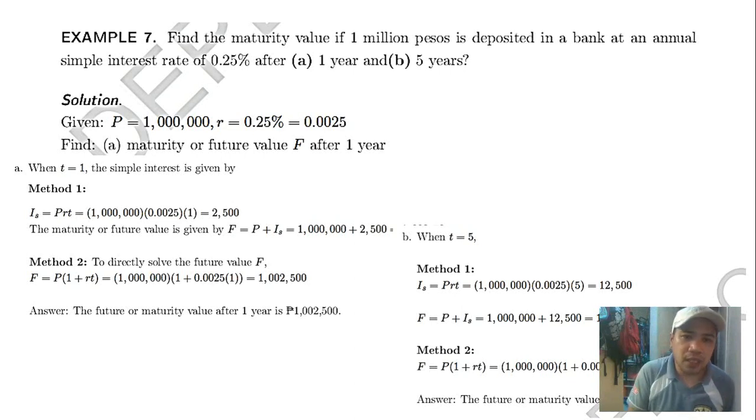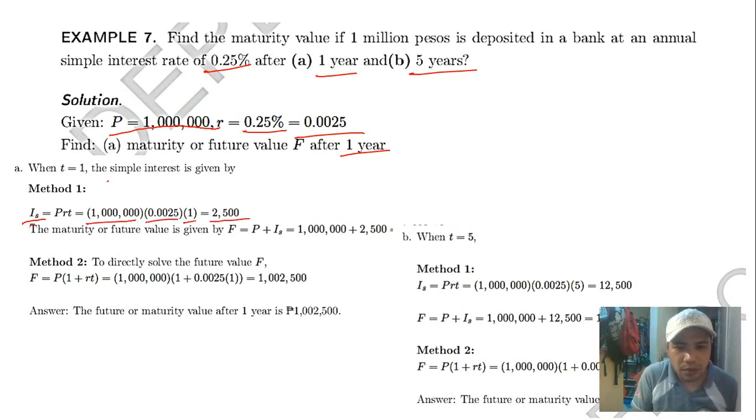Okay, so for example, find the maturity value of 1 million pesos deposited in a bank at an annual simple interest rate of 0.25% after a year. And how about after 5 years? So, 1 million, our rate is 0.25% or 0.0025. Then, after 1 year, so T is 1 year, interest is 1 million times 0.0025 times 1 is equal to 2,500.